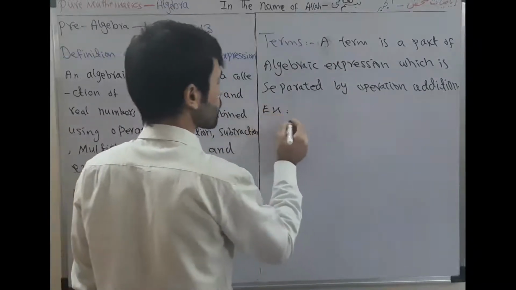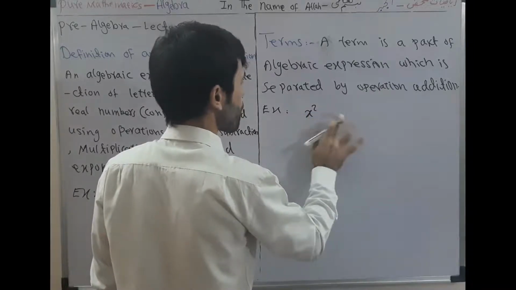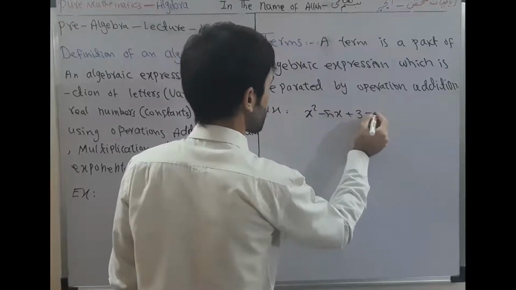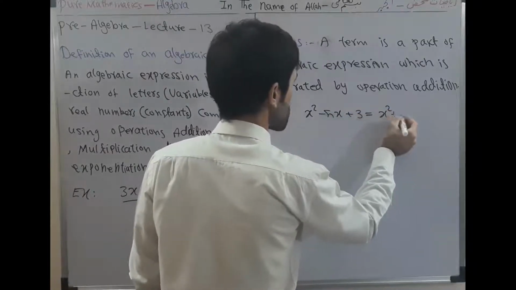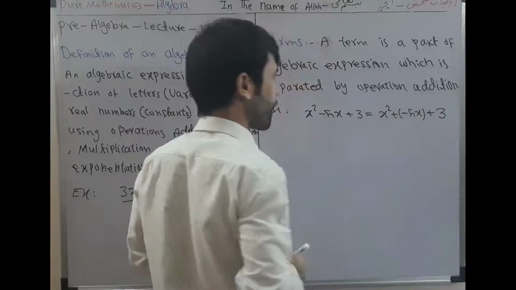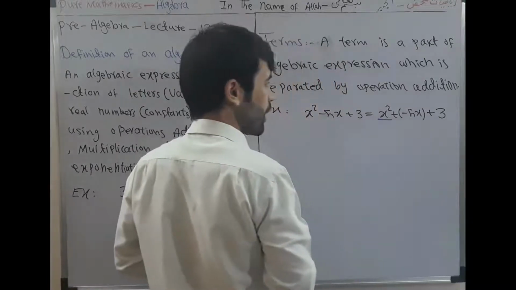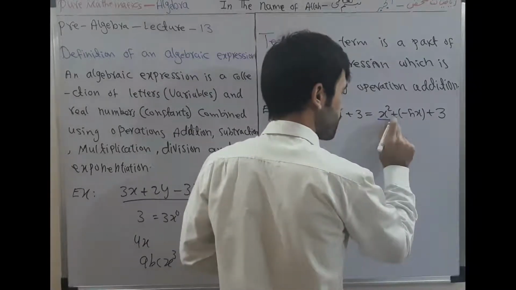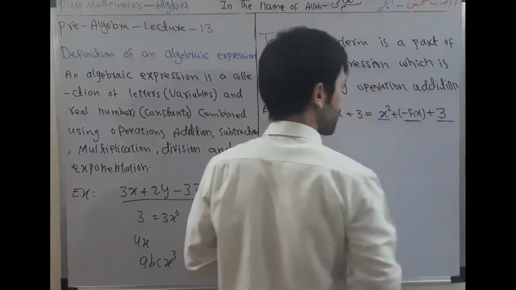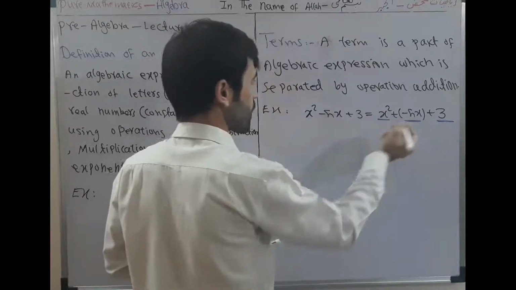Example: x squared minus 5x plus 3 is equal to x squared plus minus 5x plus 3. Here x squared is a term, minus 5x is another term, and 3 is another term. They are the terms in this algebraic expression.